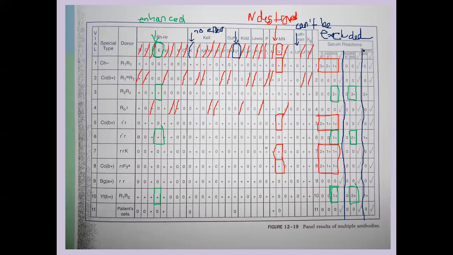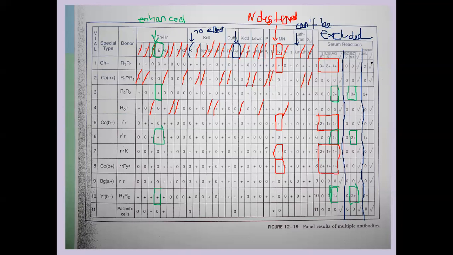The reason why they did that is they wanted to see, specifically with the anti-N, if it's reacting at 37 degrees, because the initial testing showed us, although the reactivity was most strong at room temperature, it dropped off at 37 and even less at AHG. If we truly have reactions with this anti-N at 37, we would need to consider it clinically significant for transfusion purposes.